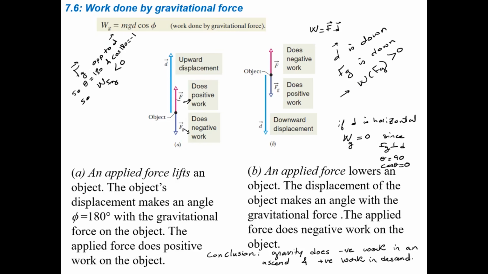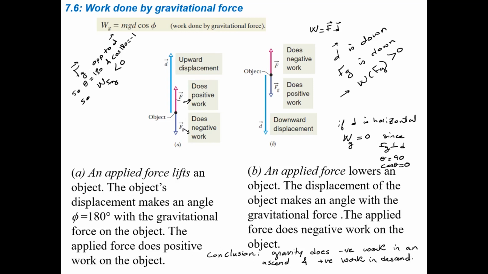And it will do positive work for any object that is decreasing in height, it's descending. Whether the descent is perfectly vertical or sort of oblique, you're going down a hill, both ways the work done by gravity is positive if you're descending and negative when you're ascending. And that's why when you're ascending on a hill, you feel you need more energy in the ascent.